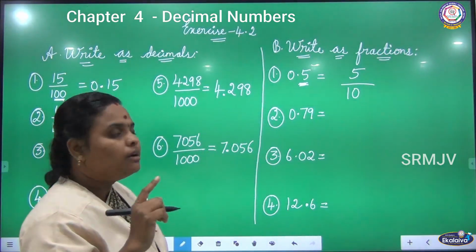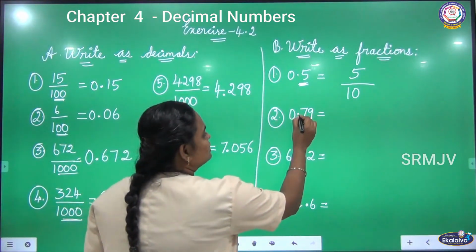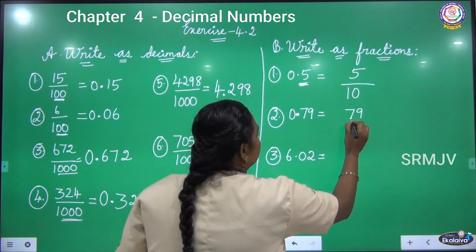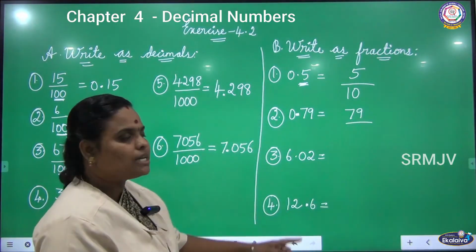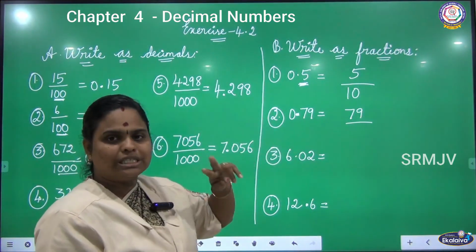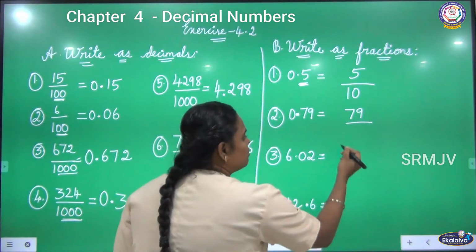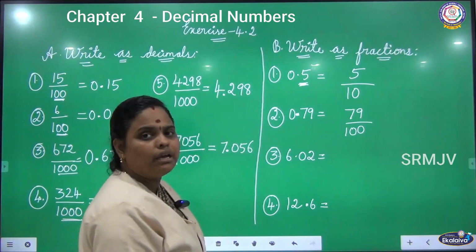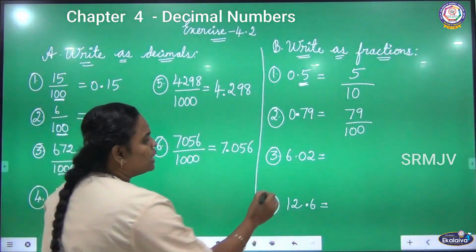So 5 by 10. Next one, 0.79. So you write 79. Then how many decimal places are there? 1, 2. 2 decimal places. So in the denominator you write 1 followed by 2 zeros. So 79 by 100.